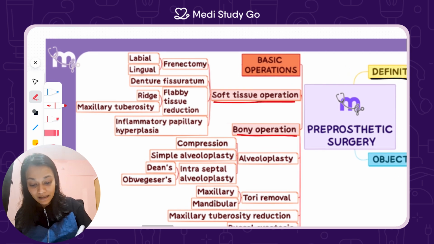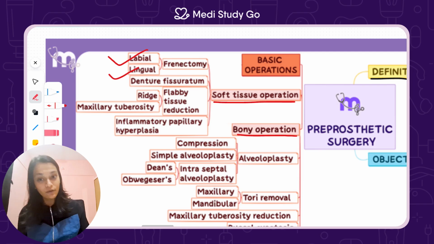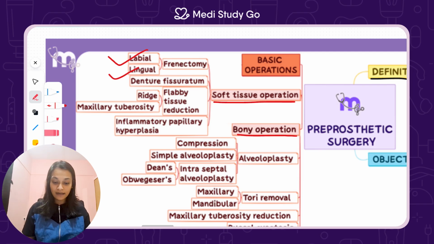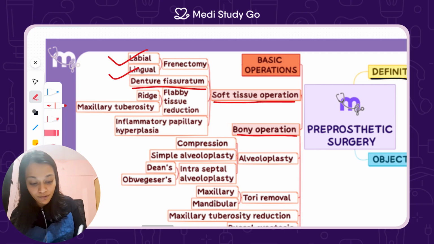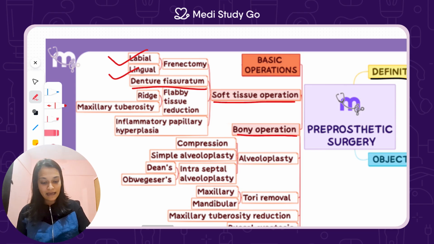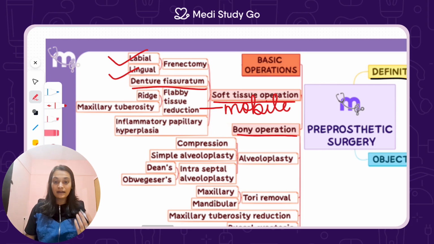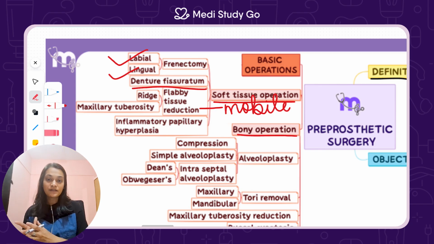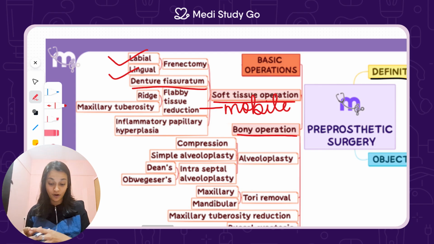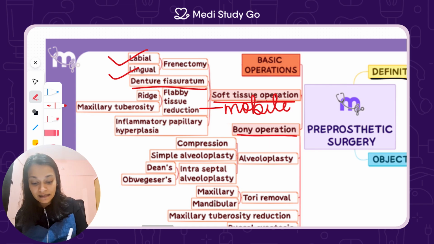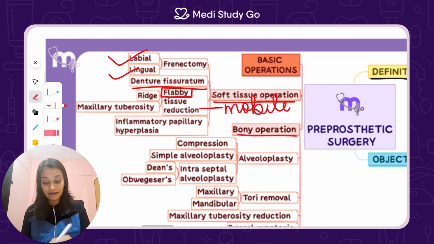Frenectomy can be done for labial and lingual frenum. Denture fissuratum needs to be corrected beforehand. If at all there is any mobile tissue, which is also known as flabby tissue, there needs to be correction. There are alterations in impression technique that can be adopted, but this needs to be taken care of before taking the impression itself.